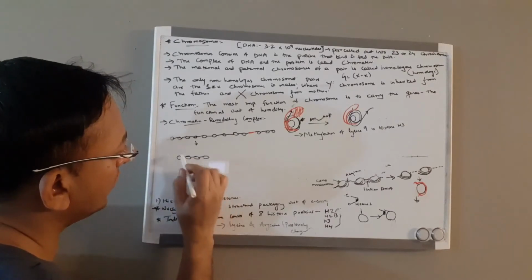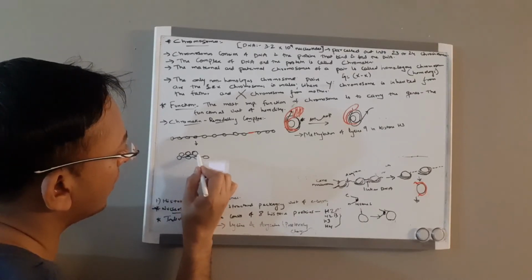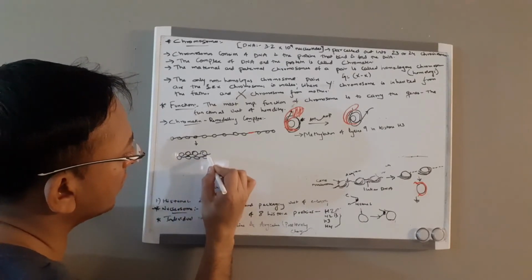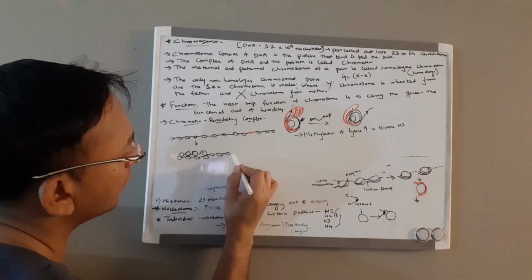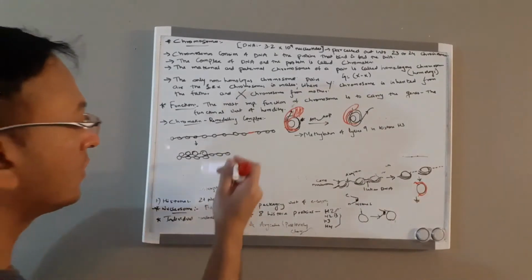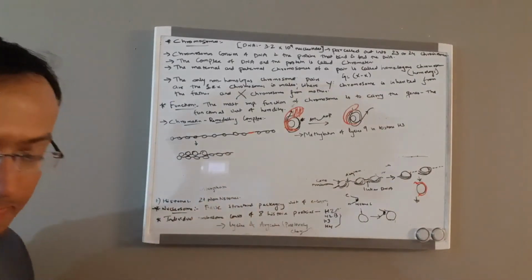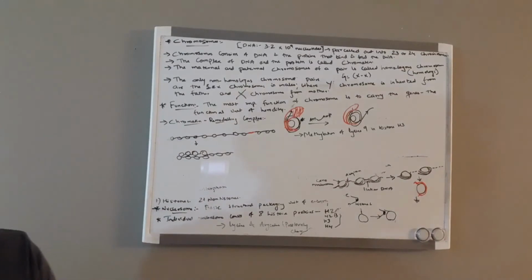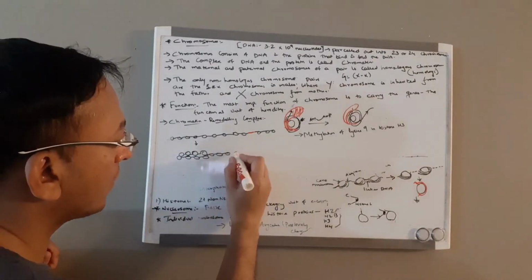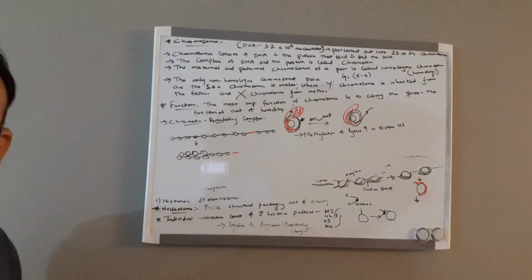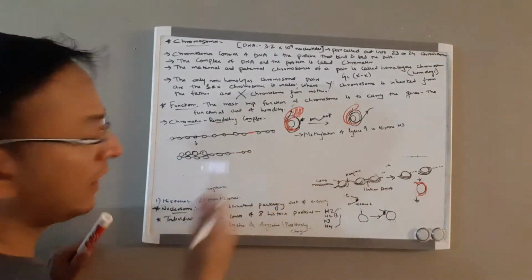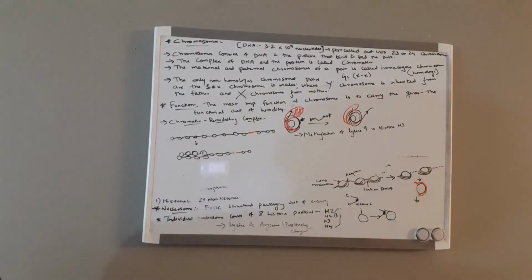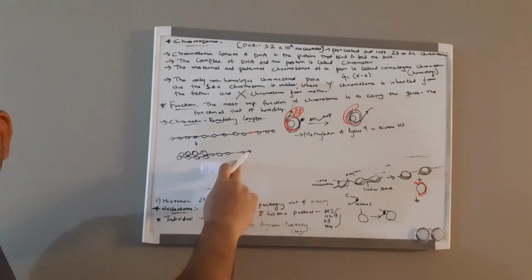I'll show you. Maybe something like this. And this becomes, and this pink section that I have made, that is a barrier DNA sequence.